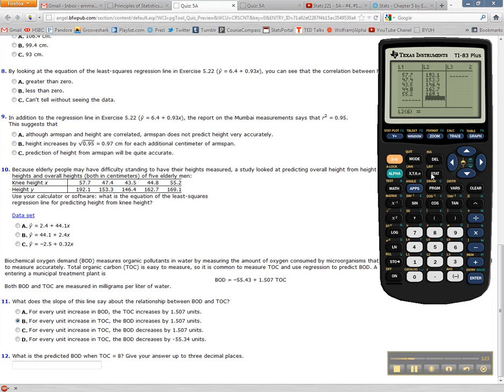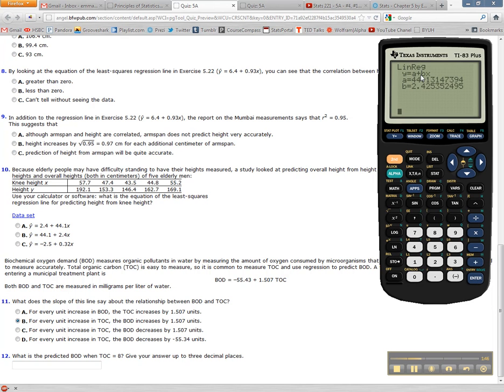To find the least square regression line, we're going to have to click stat again, go to the next column, calculate, and we are going to use not number 4, because we're more used to now from the lectures on the form a plus bx, where b is our slope and a is our y-intercept, right? Press enter, and then press enter again.